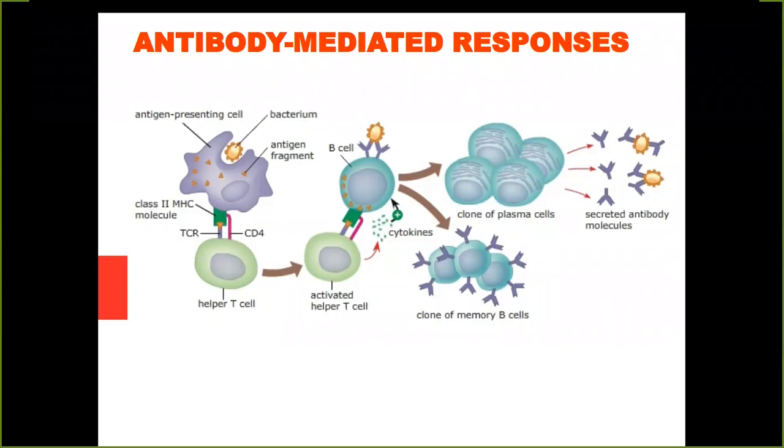So memory B cells are needed for an early reaction to the next version of the same type of virus. That's why many infections become easier the second and third time. We have memory cells, and the next infection, especially a viral infection, leads to a fast immune response.